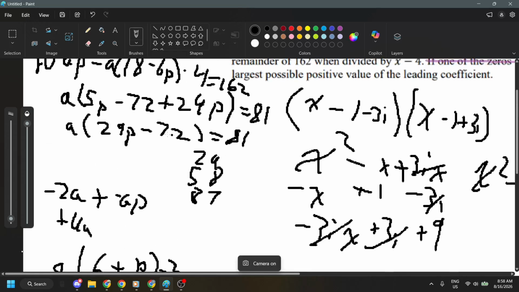This times 4 is going to be 80 plus 36 is 116. 116 minus 72 is going to be 44, I think?